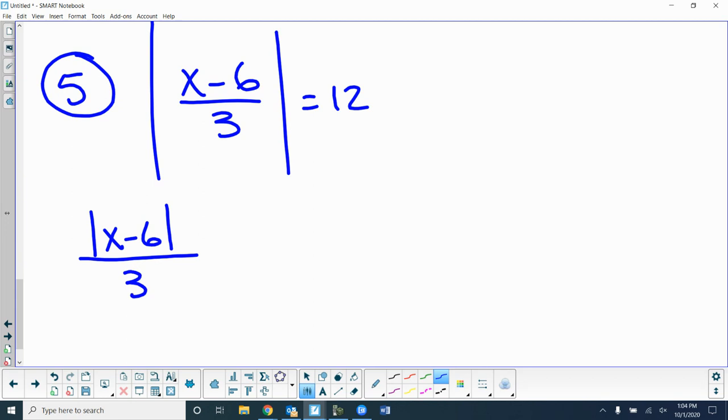Is the absolute value part alone now? No, I'd have to do what with that 3? Multiply by 3 first, move it over. See the difference between those two? I don't think I do that tomorrow, but just in case. All right? You should realize that that 3 here has got to be moved first. Okay?